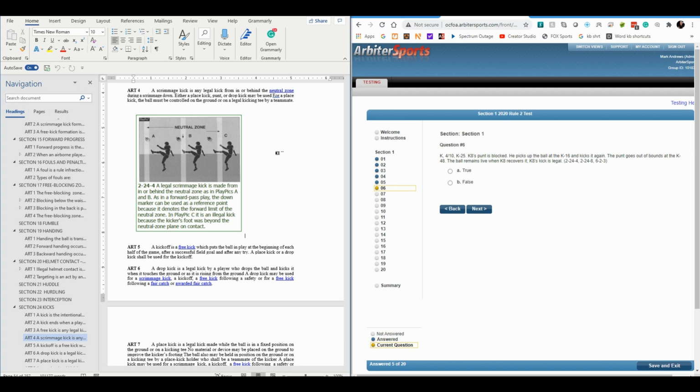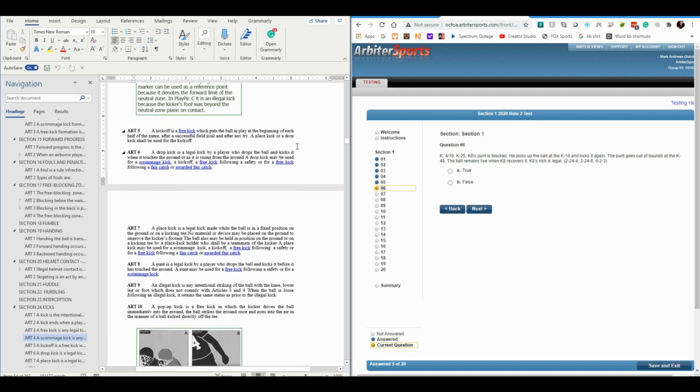For a place kick, the ball must be controlled on the ground or on a legal kicking tee by a teammate. I don't know why the rule maker decided to reference this. This is just the definition of a scrimmage kick. And that's what we have here. You know, punt's a scrimmage kick. So kind of useless information, doesn't help us answer the question.